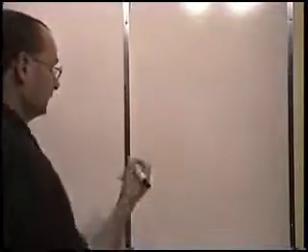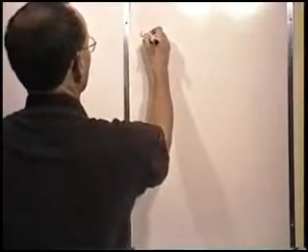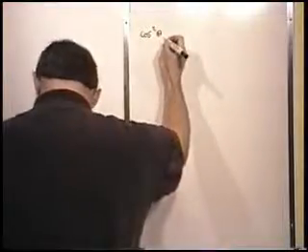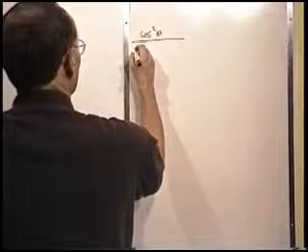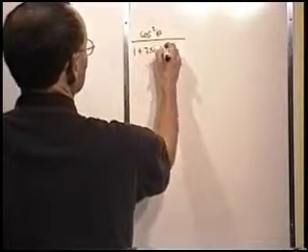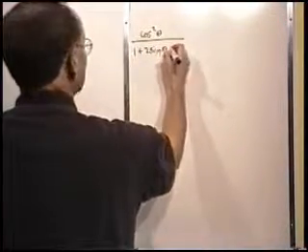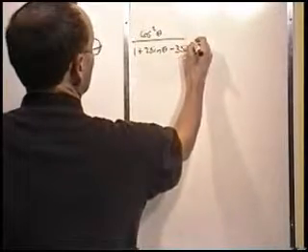Just hold on while I find something that might be good to try to prove. Let's see if we can prove that. This looks like a really tough one here. We're going to try and prove this. Hope I can fit it all on the board. That cos squared theta all over 1 plus 2 sine theta minus 3 sine squared theta.